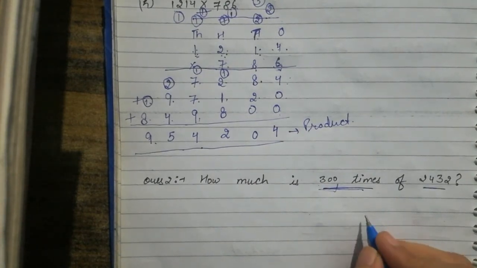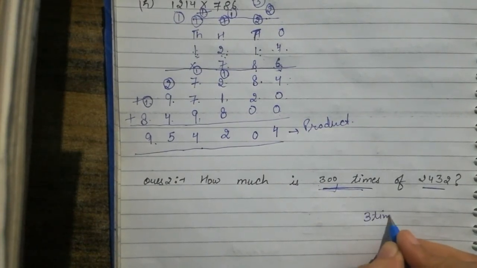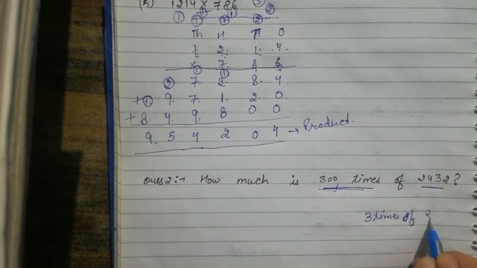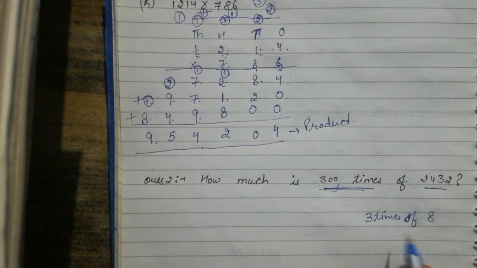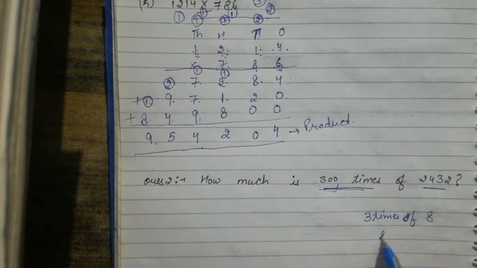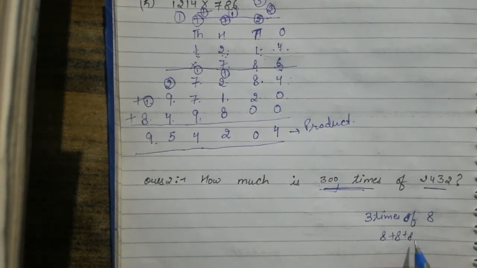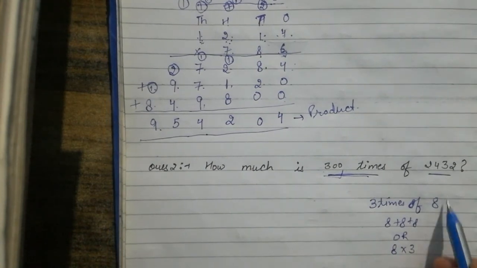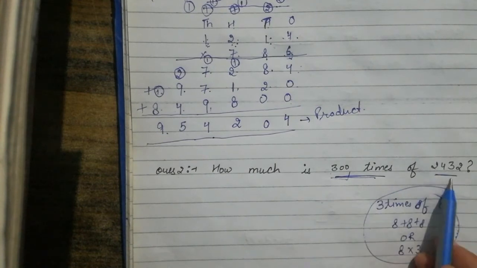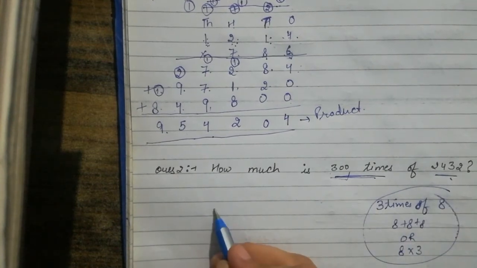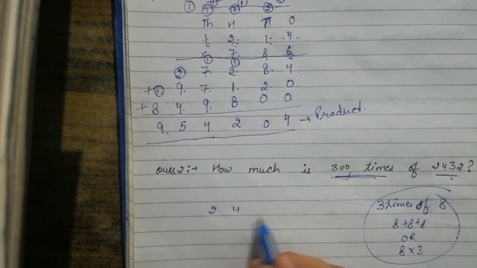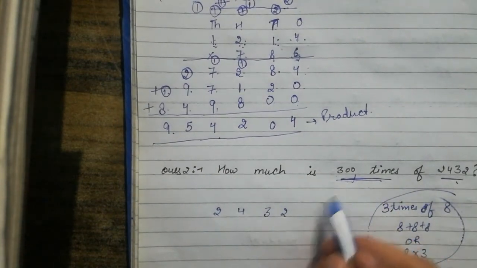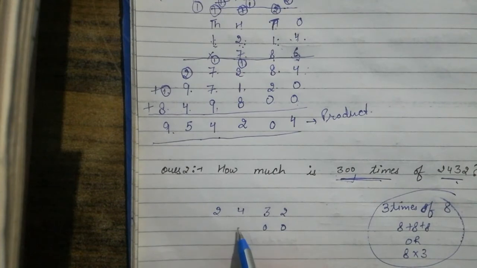For example, if we say 3 times of 8, that means what we have to do? Either we have to add 8 3 times or we have to multiply 8 by 3. So similarly 2432 is to be multiplied by 300.